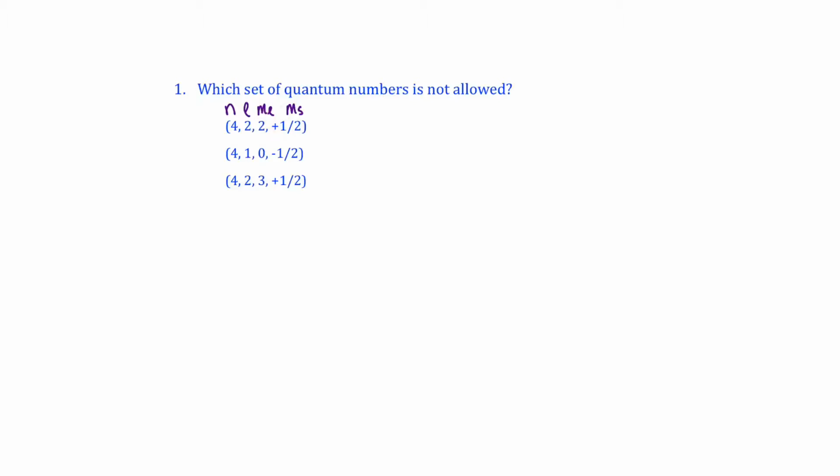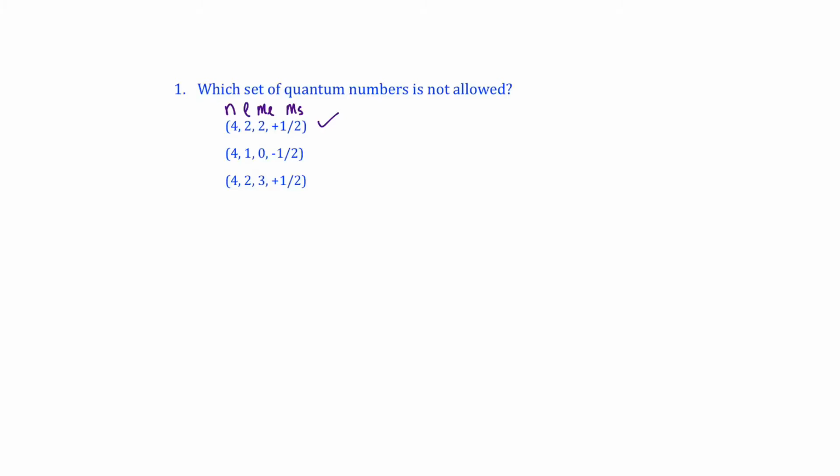So if our l is 2, m sub l should be able to take on values of minus 2, minus 1, 0, plus 1, or plus 2. So 2 is okay there. And m sub s can have a value of either plus 1/2 or minus 1/2. Here we have a plus 1/2. This one looks a-okay to me. I don't see anything wrong with those 4 quantum numbers.